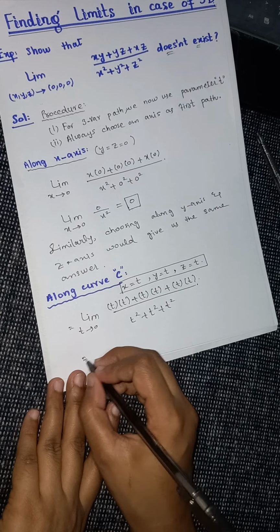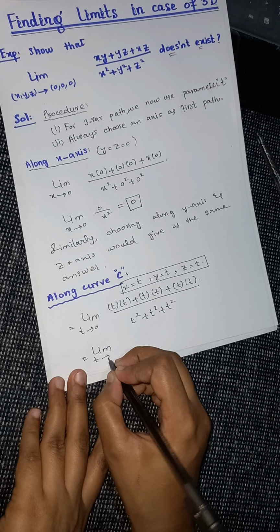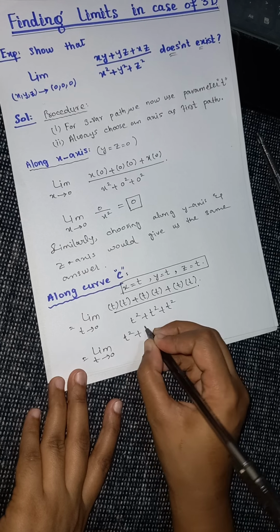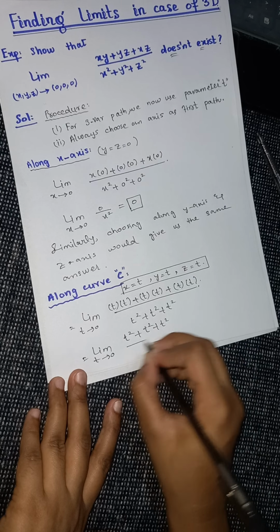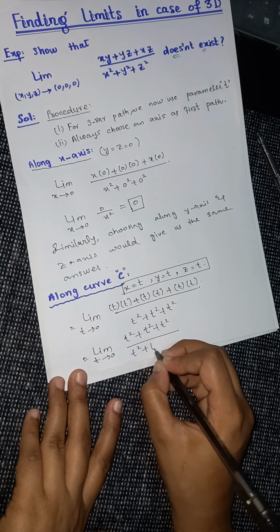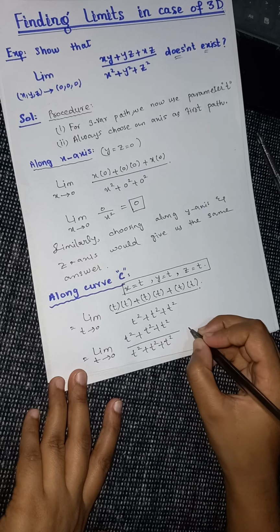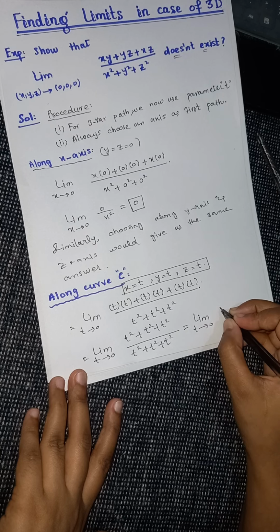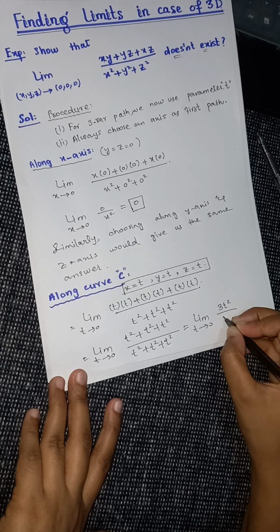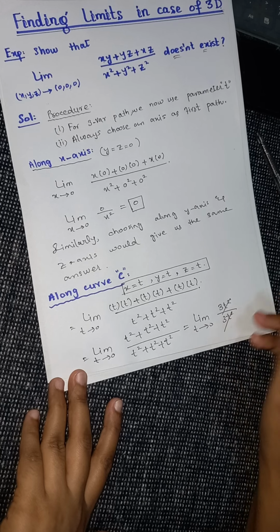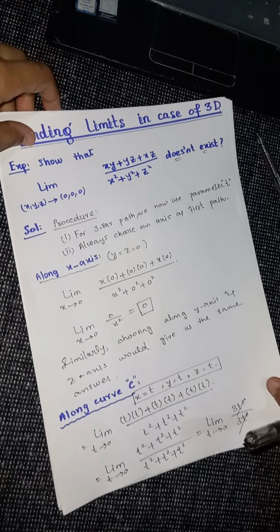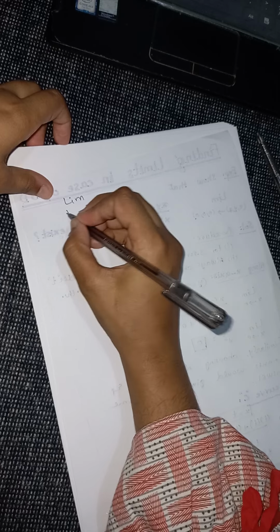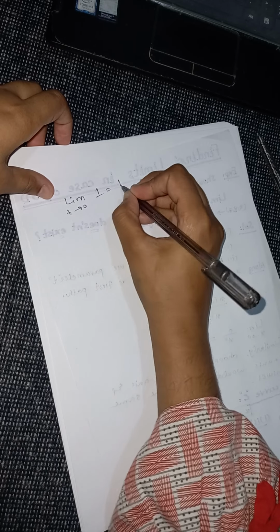Then I get the limit as t approaches 0 of t square plus t square plus t square divided by t square plus t square plus t square, which becomes the limit as t approaches 0 of 3t square divided by 3t square. If I cancel them with each other, then I simply get the limit as t approaches 0 of 1, which is equal to 1.